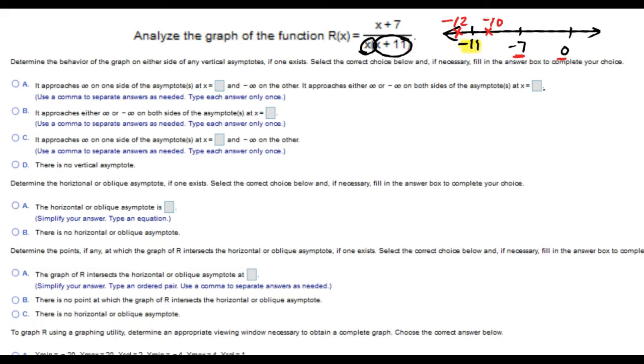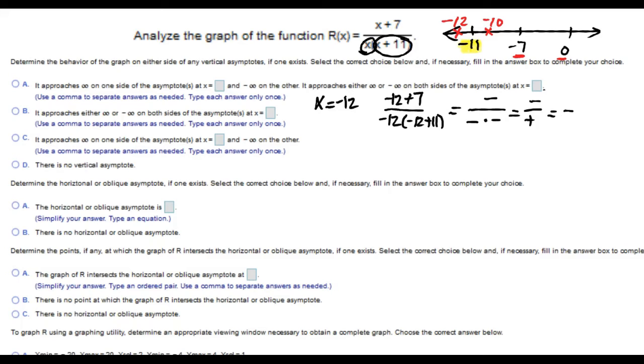So if I let x equal -12 and substitute it into my function, -12 plus 7 over -12 times -12 plus 11, I'm going to get a negative over a negative times a negative, which is a negative over a positive, and get a negative there.